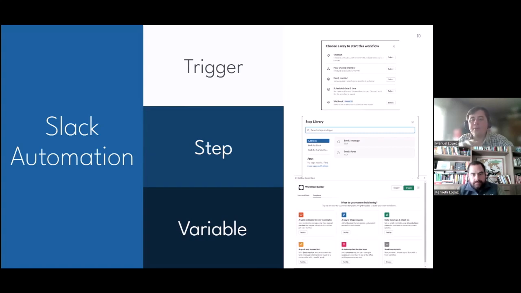Then you have the steps. This works with several different steps that are going to work one after the other, like a very simple workflow. You have all the steps here. This means what actions you are expecting this workflow to do.